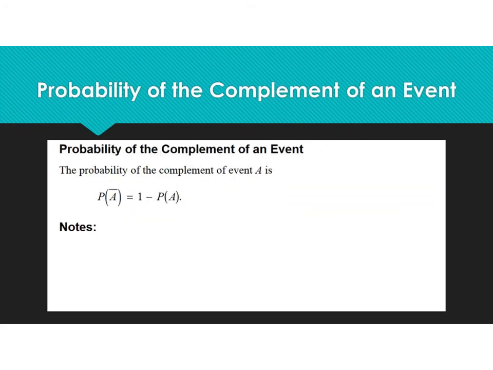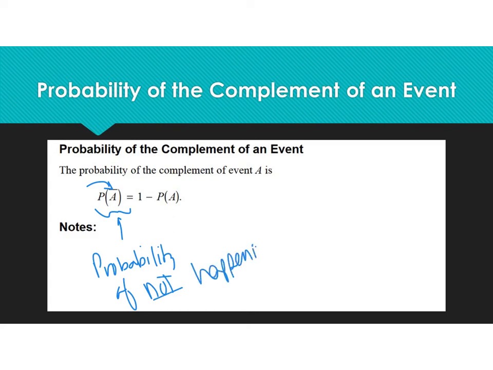All right, one of the last things we're going to hit on is the complement of an event. Sometimes I want the probability of me not landing on heads or me not landing on a 5, and that's called the complement. This bar on top means the probability of it not happening.